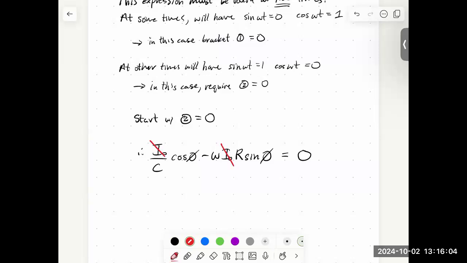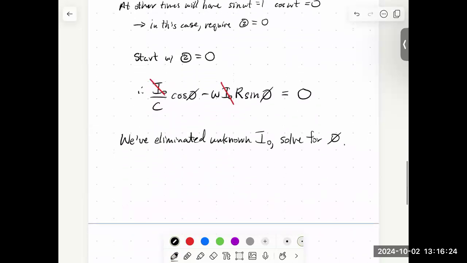Okay, so let's see if we can solve for it. So we've eliminated the unknown I naught, the current amplitude. So let's solve for phi. Okay, so what's that going to look like? 1 over c cos phi is equal to omega r sine of phi.